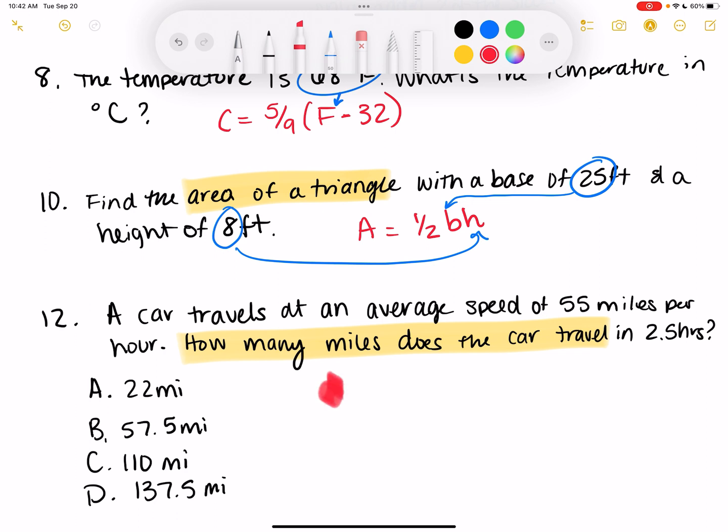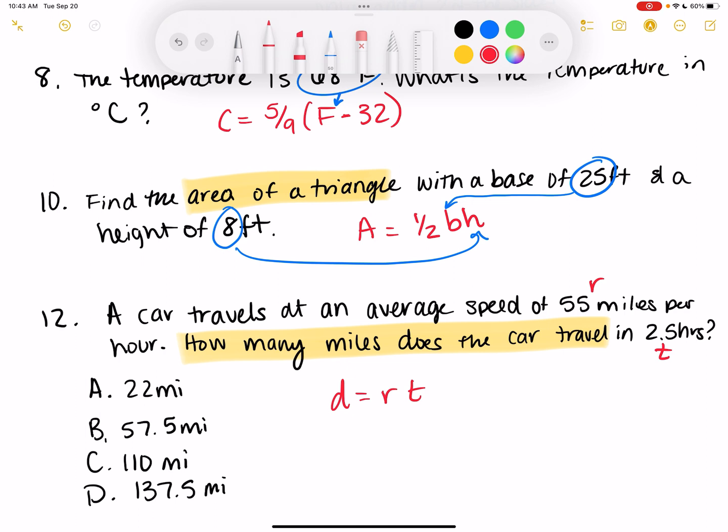D equals RT. And so it wants to know how many miles the car traveled. So that means that I'm solving for distance. Okay, so this 55 miles per hour is my rate, and 2.5 hours is my time.